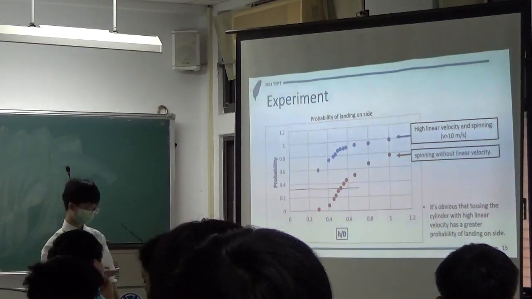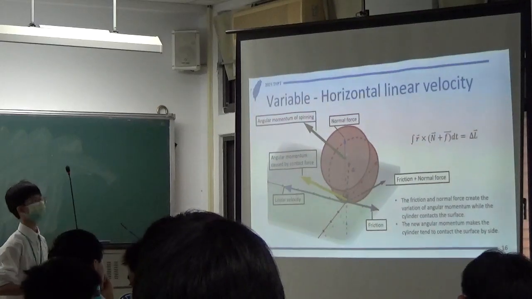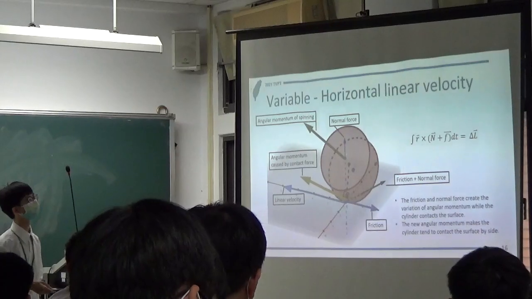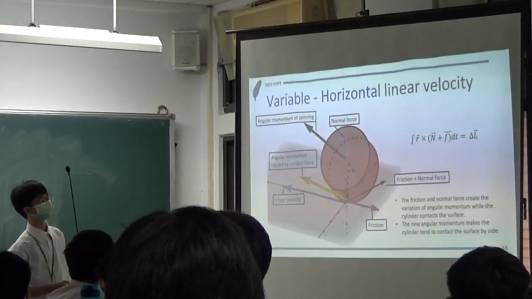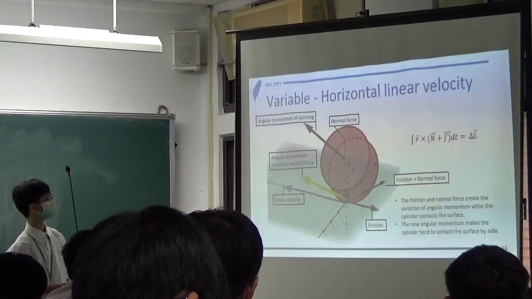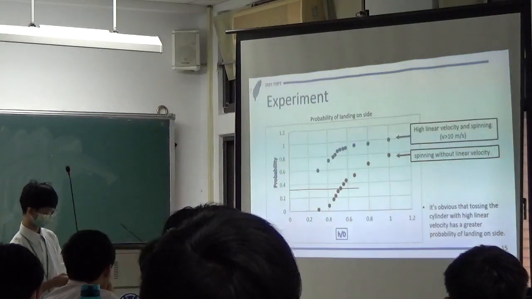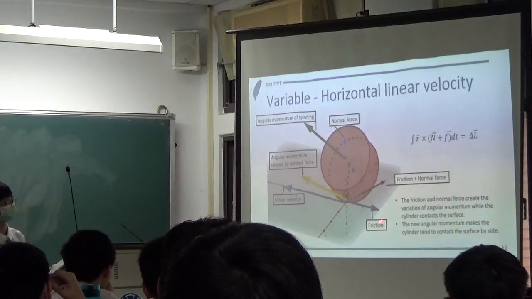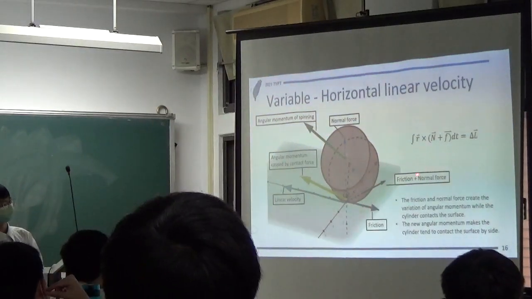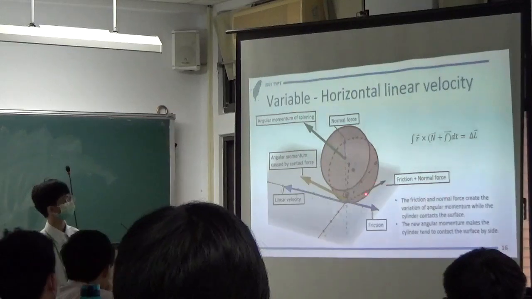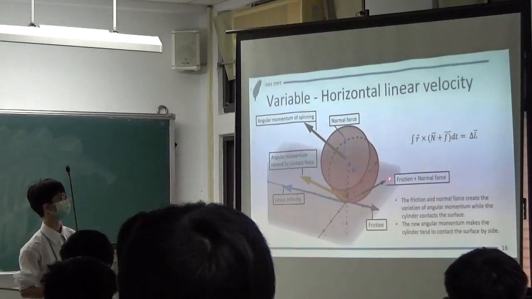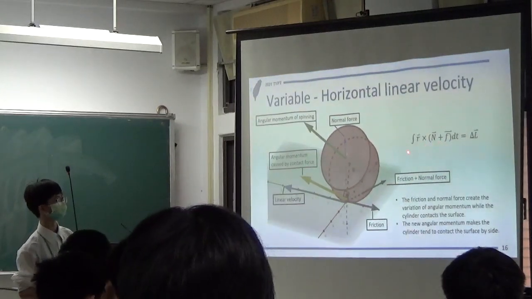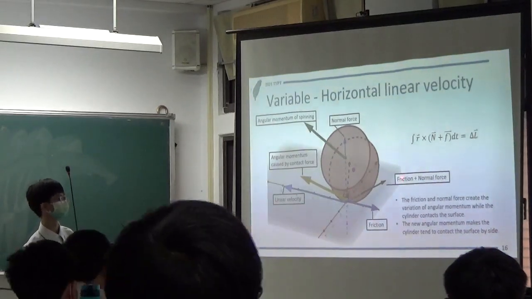Okay, so we can discuss the horizontal linear velocity, and this is the diagram of the cylinder. If a cylinder moves this way, this is my linear velocity, and this is friction, so the combination of force will point this way. So delta L equals R cross the combination of force.